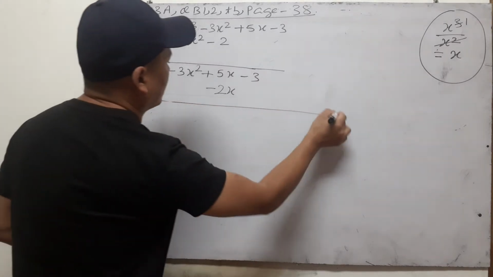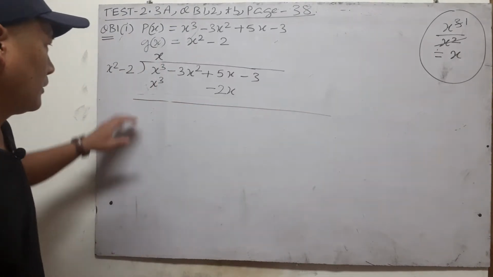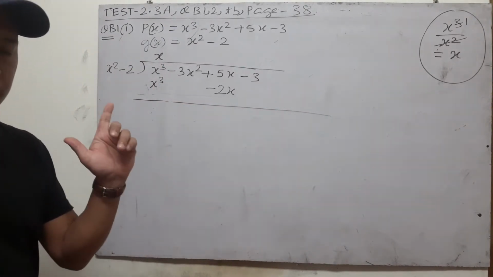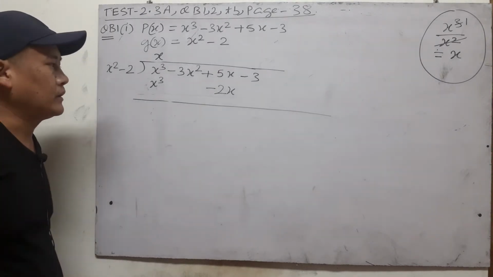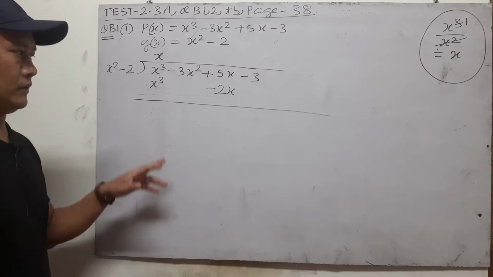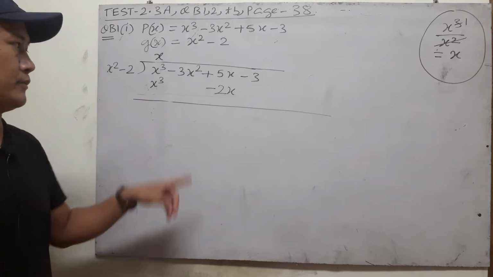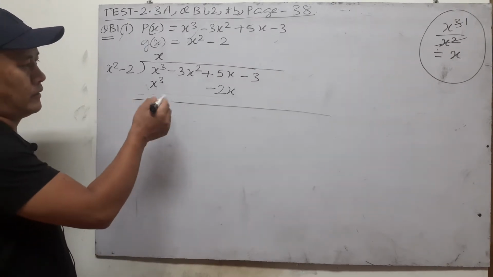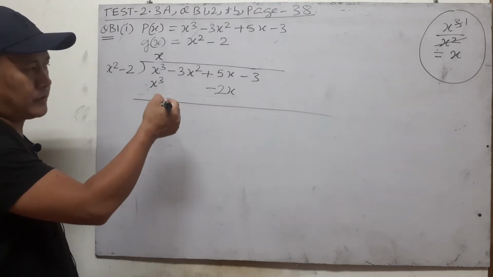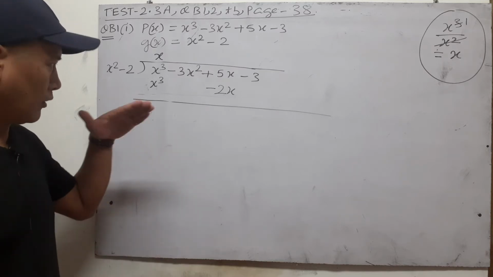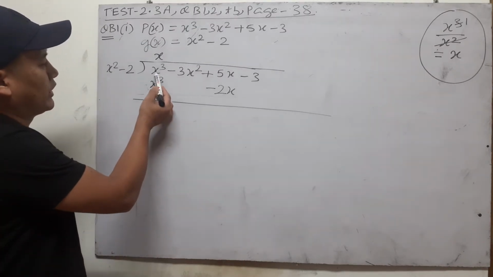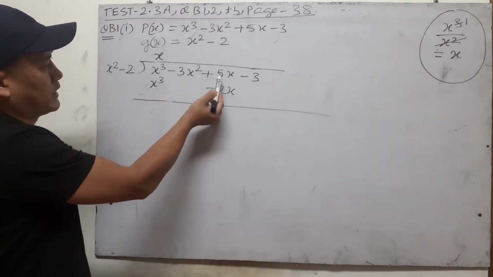So put a long line there, and then to get the remainder, you do subtraction. Here subtraction we mean, just follow this. Change the signs of the terms of the lower polynomial or lower expression. Upper expression is x cubed minus 3x squared plus 5x minus 3.